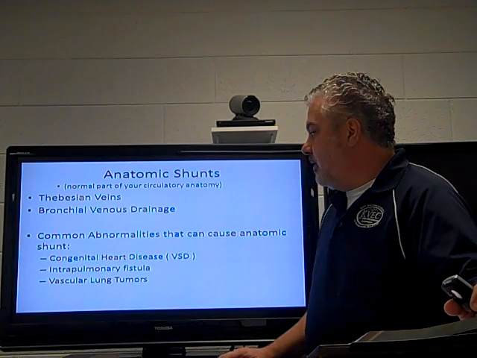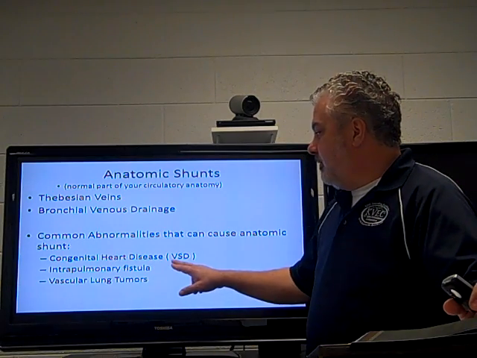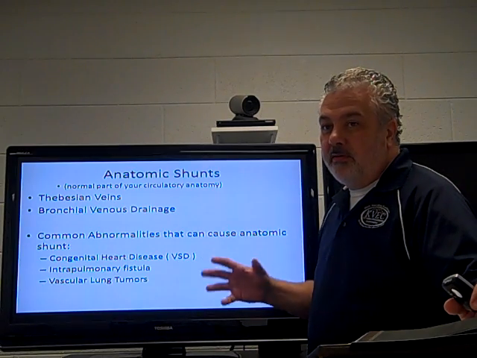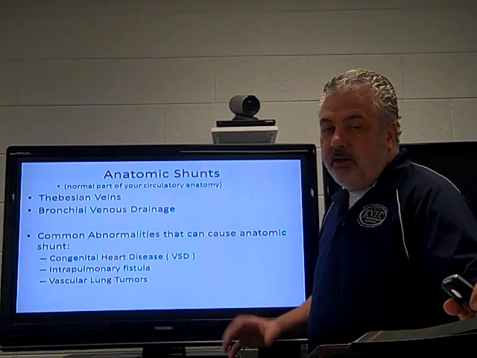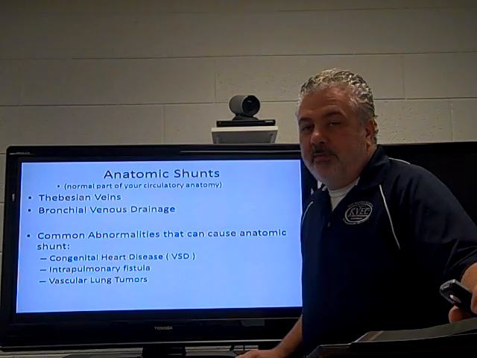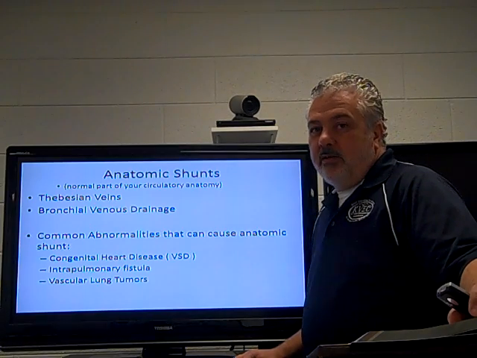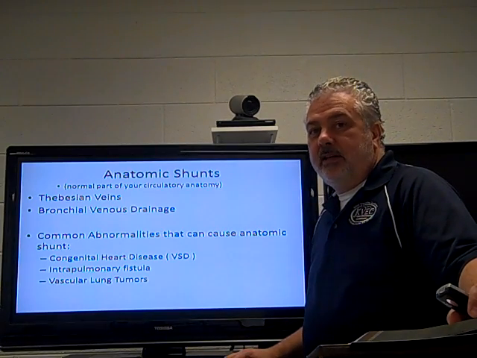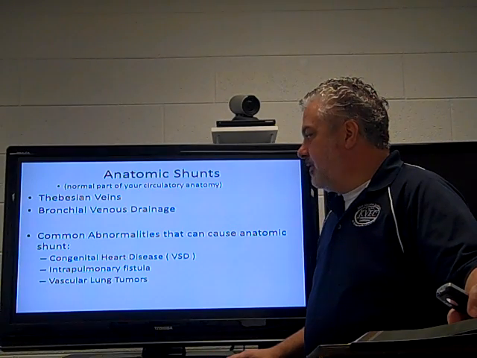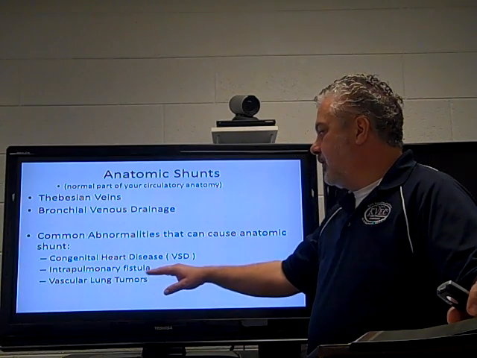In congenital heart defects like ventricular septal defect, the blood may shift from one ventricle to the other and cause venous admixing. So the blood may bypass the lungs in that way. Congenital heart defect is usually the culprit there.